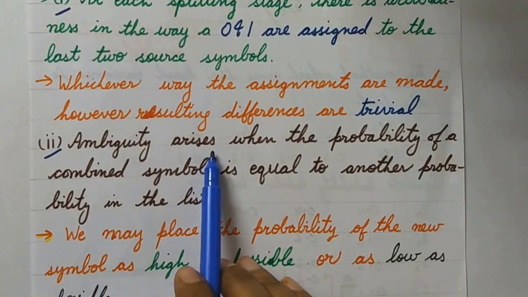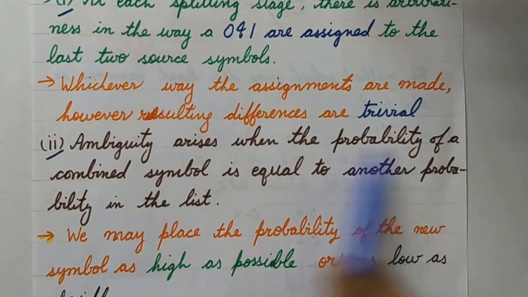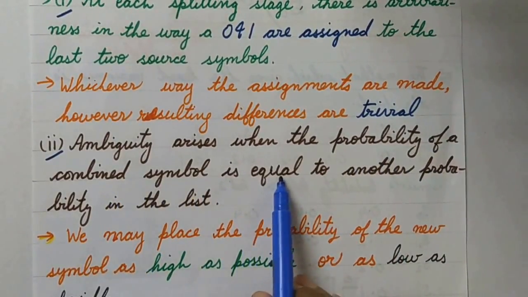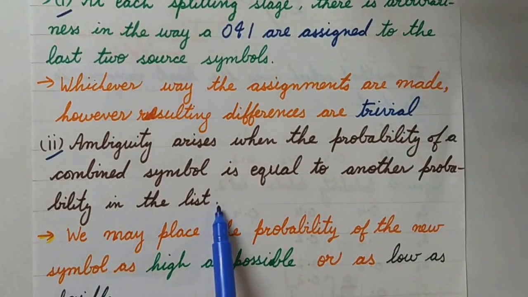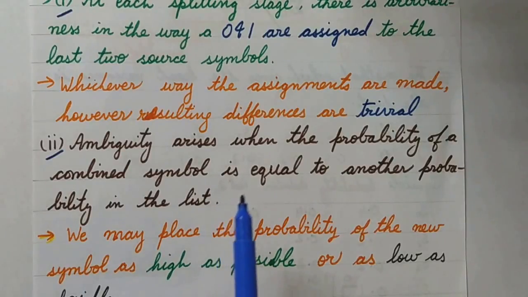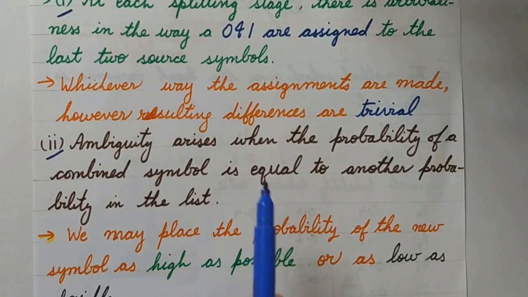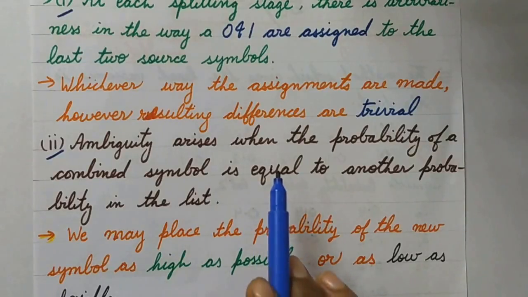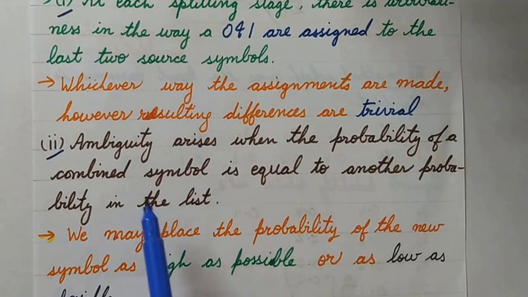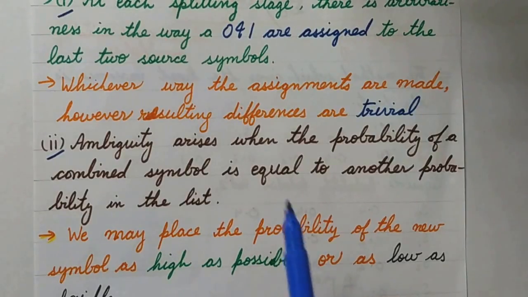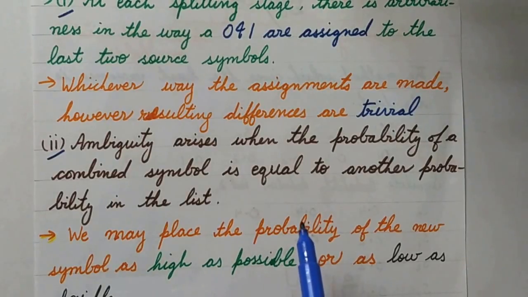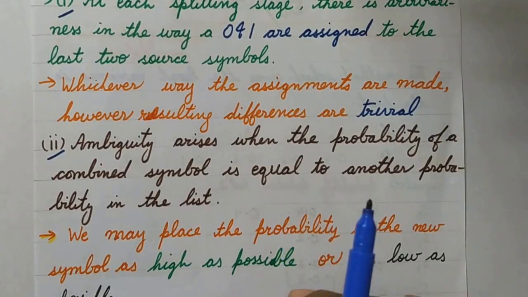ambiguity arises when the probability of a combined symbol is equal to another probability in the list. It means that when you add the probabilities of the last two messages, and the resulting sum is the same as the probability of another message of equal value, in that case, where should we place the added probability?